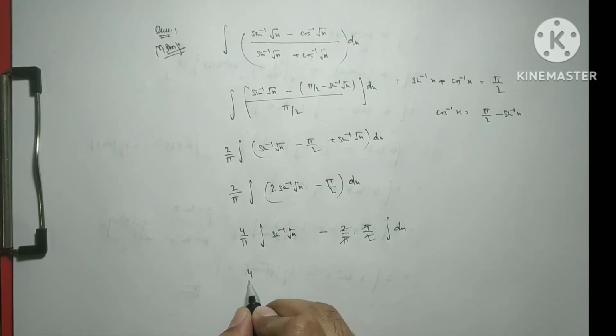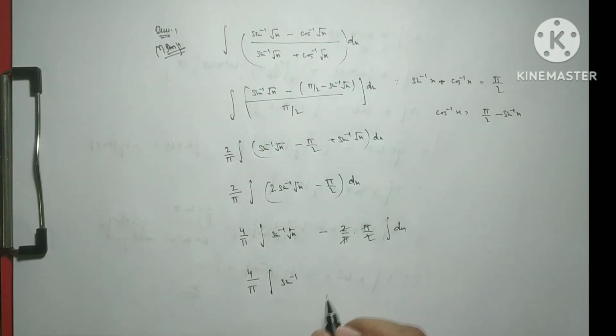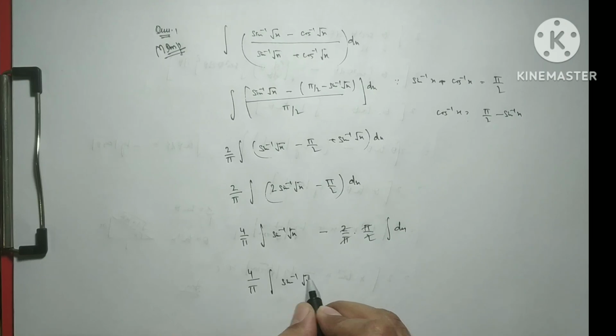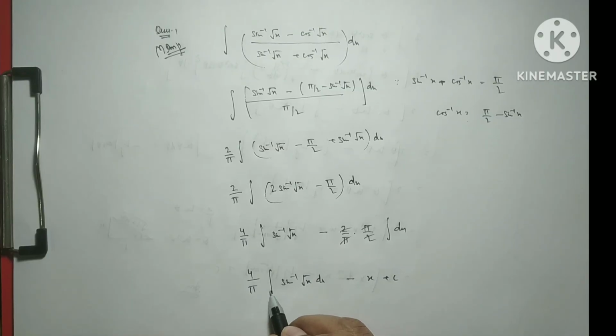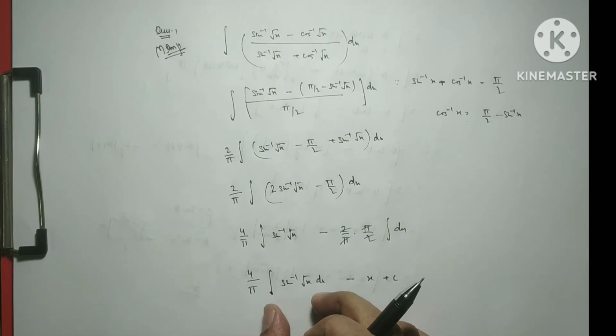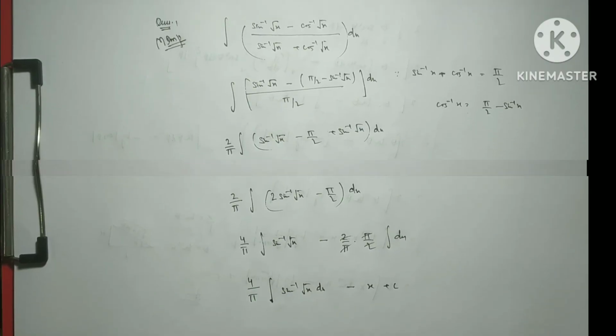So right now we have the simplified form of this expression: sine inverse root x, and there is x only. So our focus is on this part, we will integrate this separately and finally we put the value of this integration at this position.